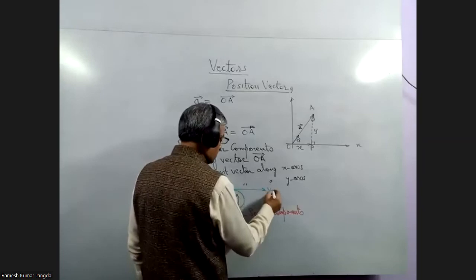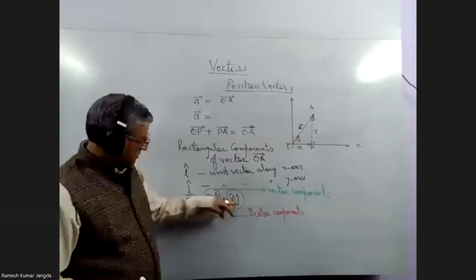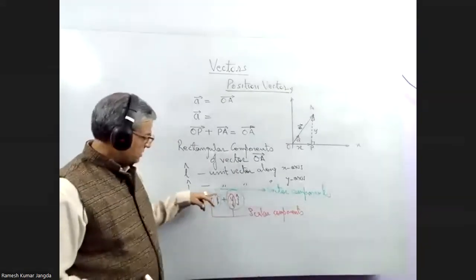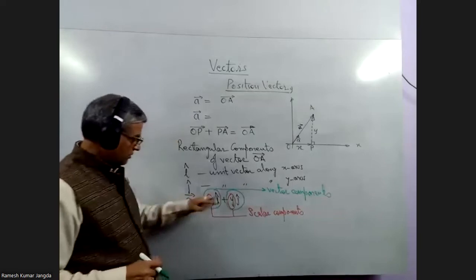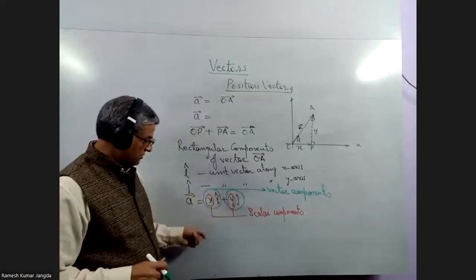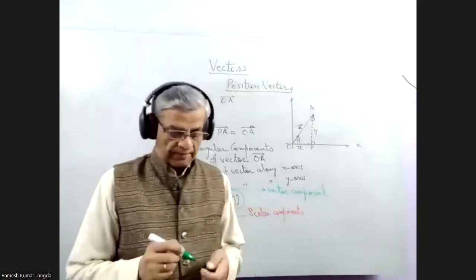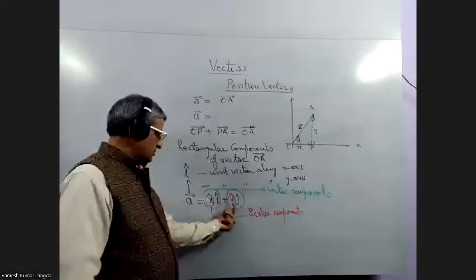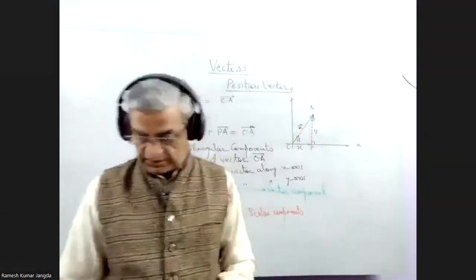These are vector components. If you take i cap, j cap along, then this becomes vector components. If you take only x and y, which are magnitudes along x-axis and y-axis, then these two are called scalar components. And these vector components or scalar components are also called rectangular components.